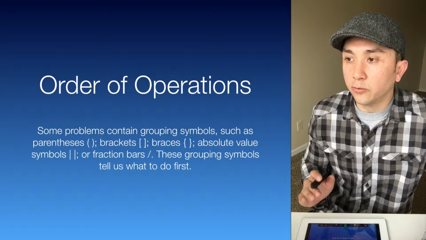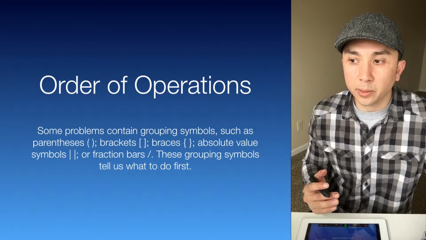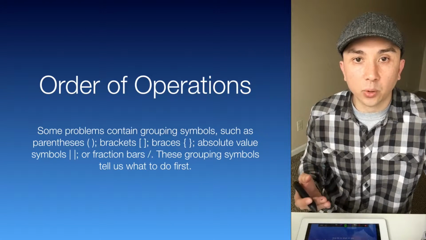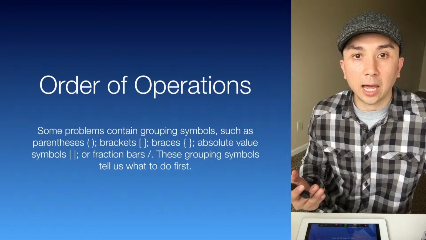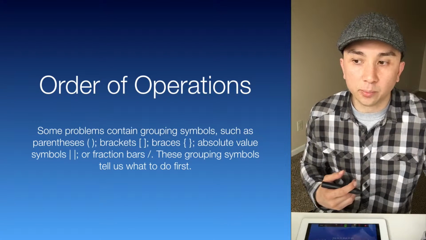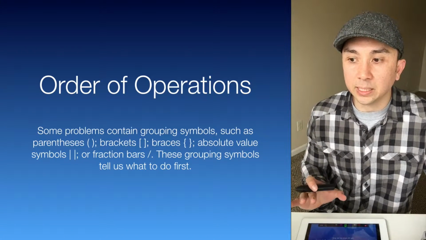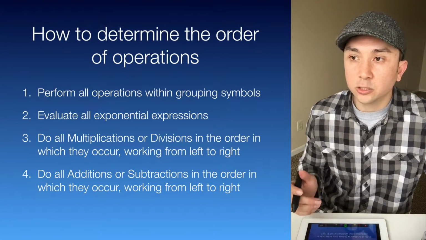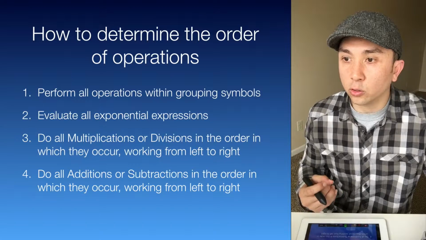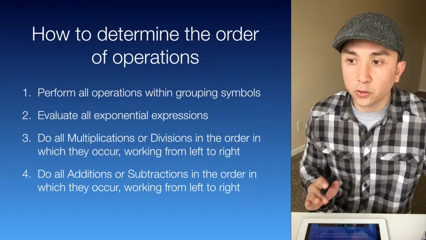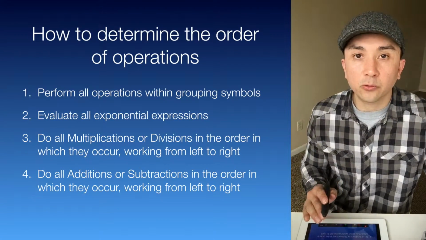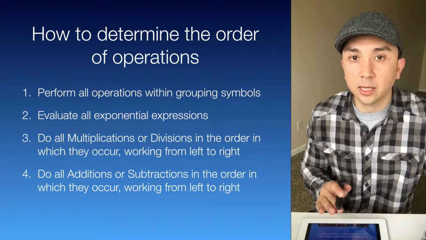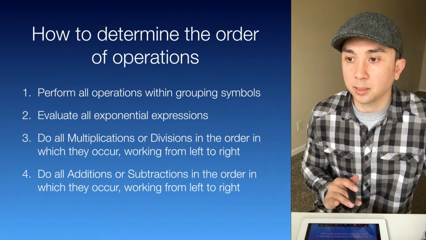So in the order of operations, some problems contain grouping symbols, such as parentheses, brackets, braces, absolute values, or fraction bars. These grouping symbols tell us what to do first. So here's how to determine the order of operations. The first thing you're going to do is perform all operations within grouping symbols, so anything with parentheses and brackets.